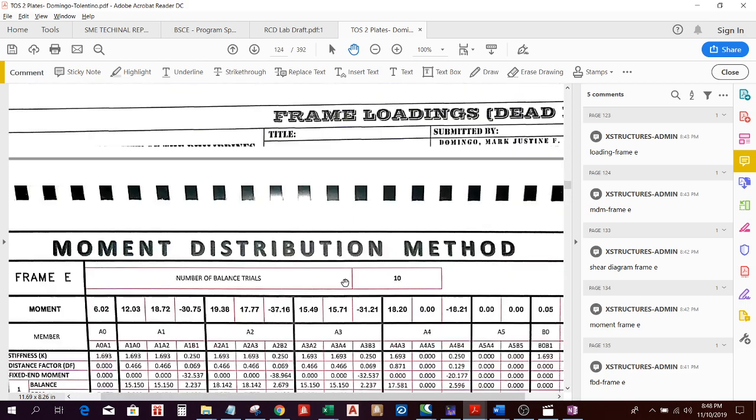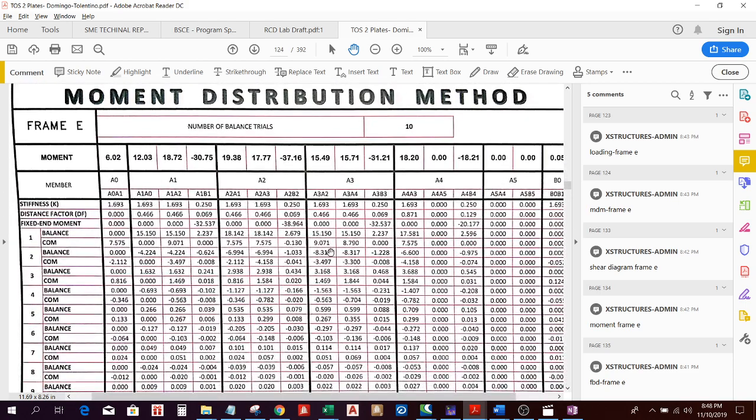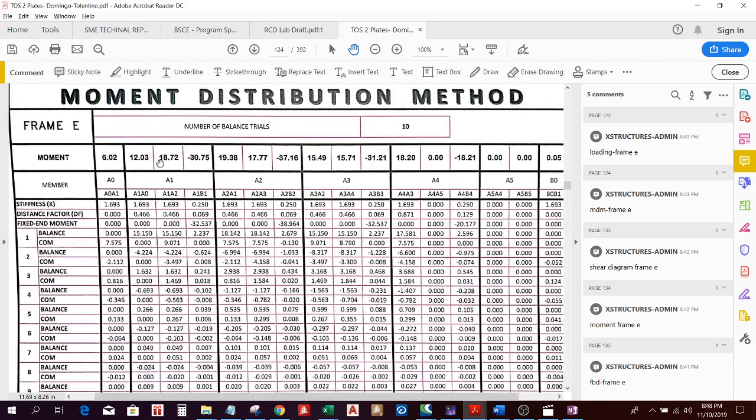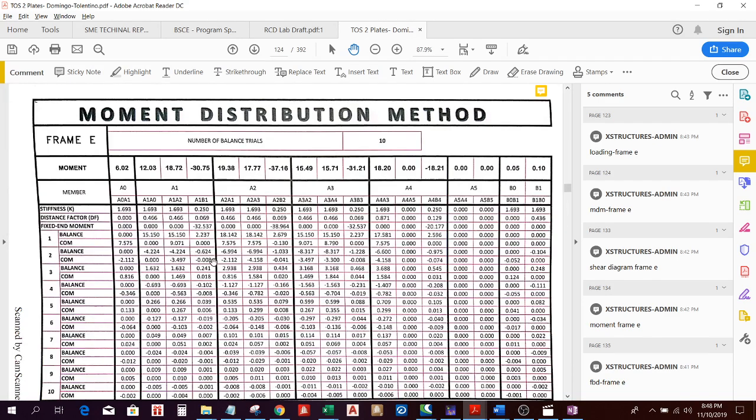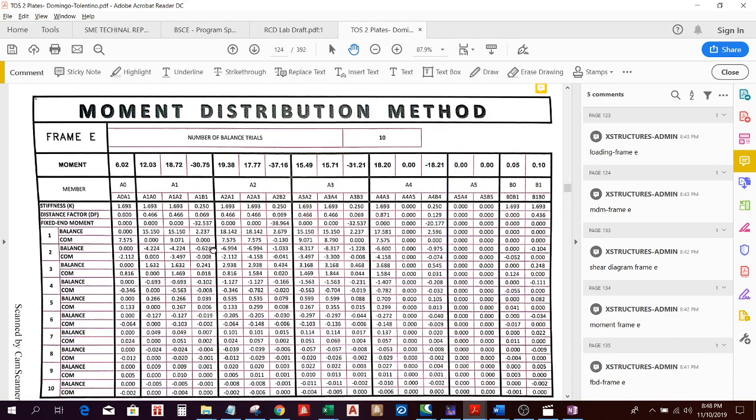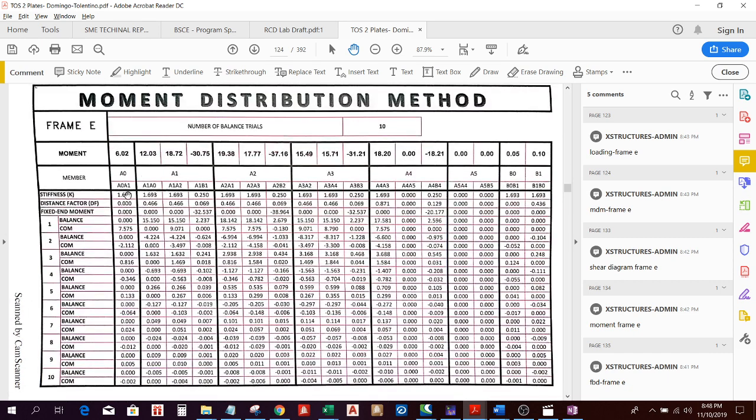Using the spreadsheet as shown, although it's in a PDF format right now, my student uses those subscript designations to organize his calculation like this. So for example, A naught going to A1, the stiffness is 1.693 of that column.